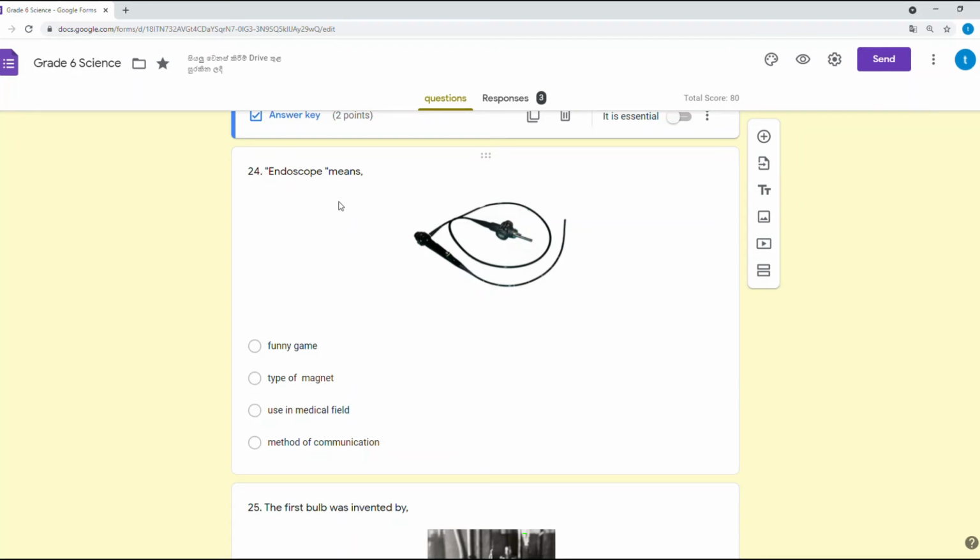Because if you want to examine the internal structure of our body, for example the digestive tract, we can examine the internal parts of the body using this instrument, the endoscope. So your answer should be use in the medical field. That means the third one.